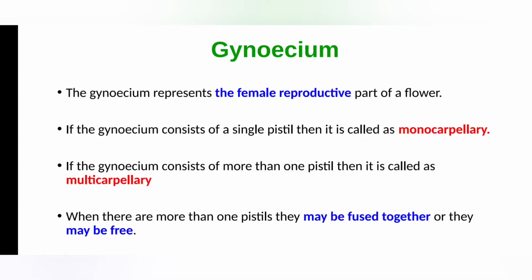Gynoecium. The gynoecium represents the female reproductive part of a flower. If the gynoecium consists of a single pistil, then it is called monocarpellary. If the gynoecium consists of more than one pistil, then it is called multicarpellary.